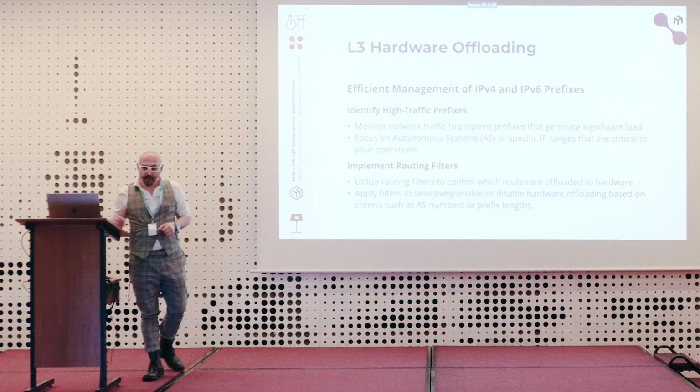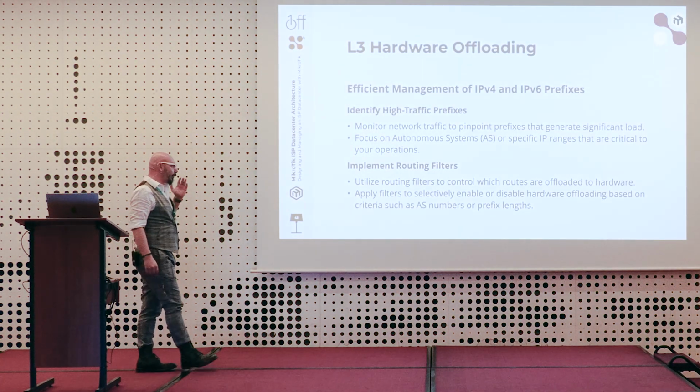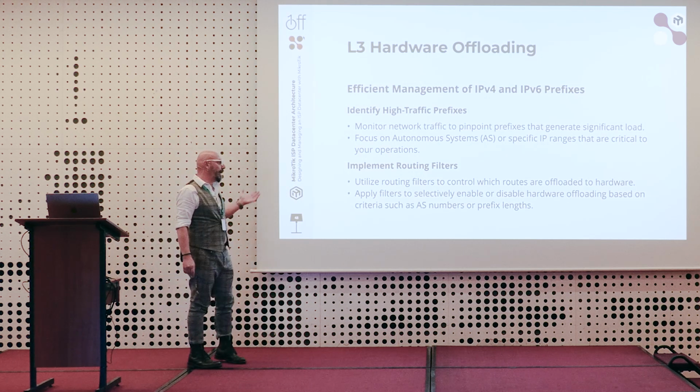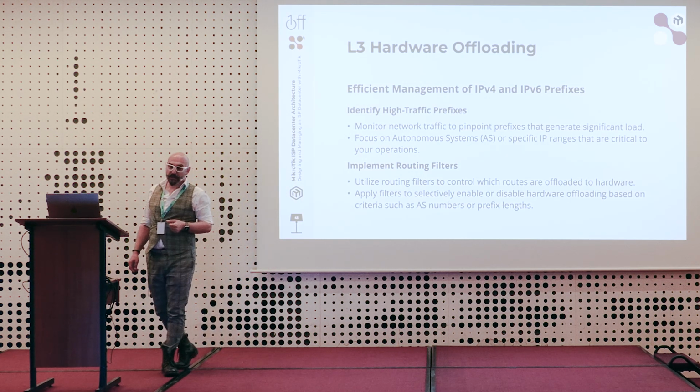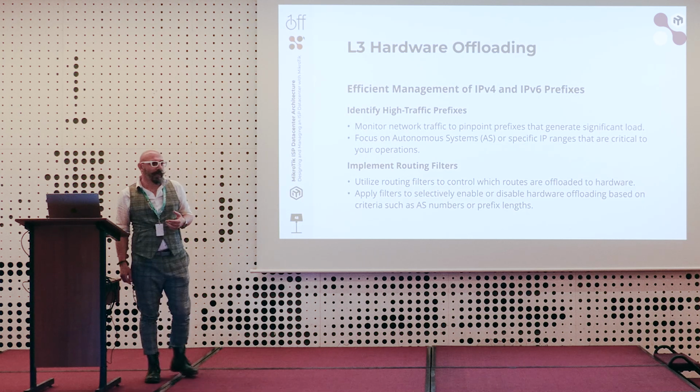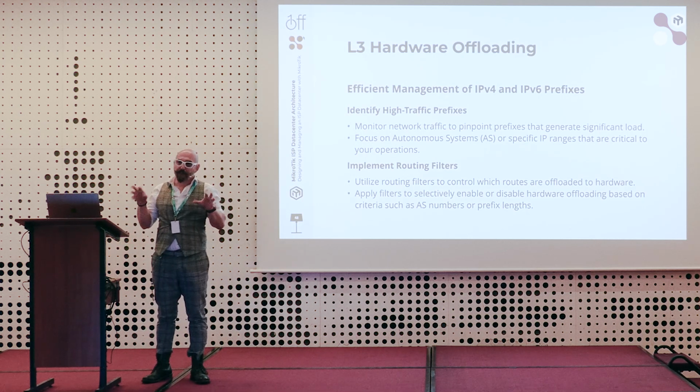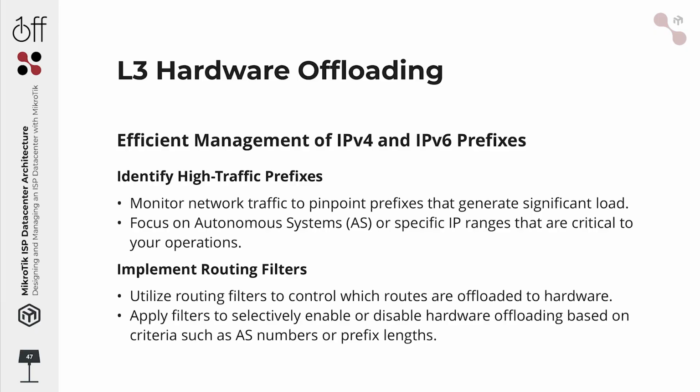So in this case, we can use, for example, routing filters to enable and disable hardware offloading for these autonomous systems. And for example, we can decide that the prefixes belonging to our network are hardware offloaded, even if the network is bigger than /24, and decide what to do for the remaining prefixes.